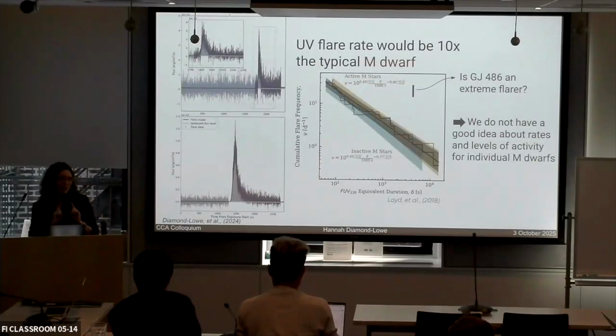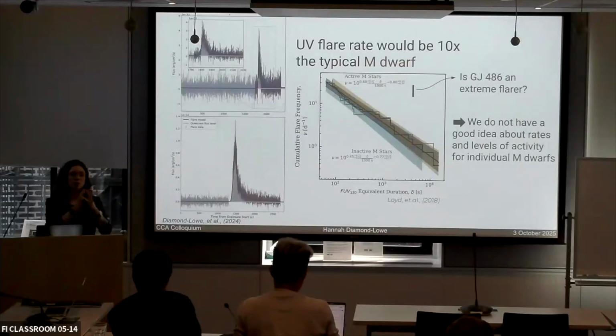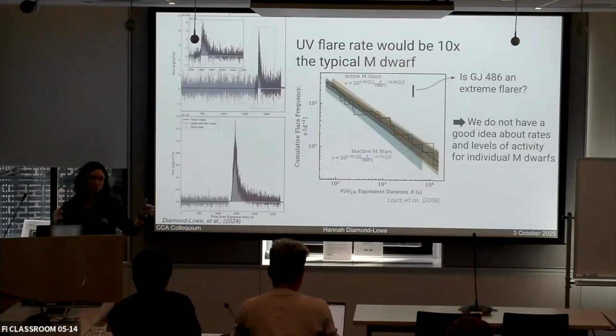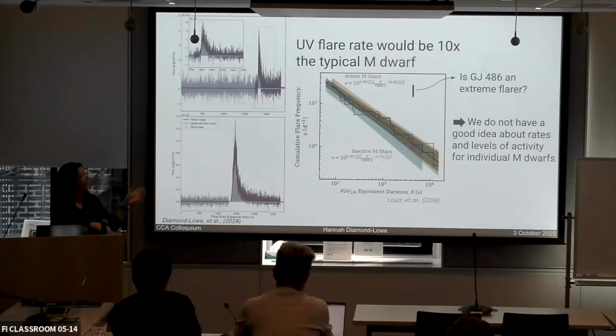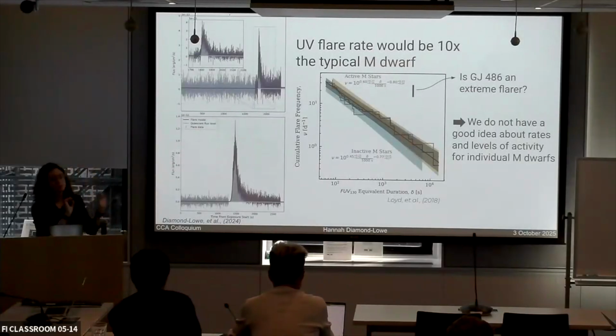The one slightly cheeky thing I've done is that this study used many M dwarfs to make this histogram, and they had many HST orbits per star. I just have 3, and I'm backing out these values. So this is not a statistical comparison, but it is accurate in that if you just took those orbits from GJ486 and knew nothing else, you'd think this was an extremely active star, right?